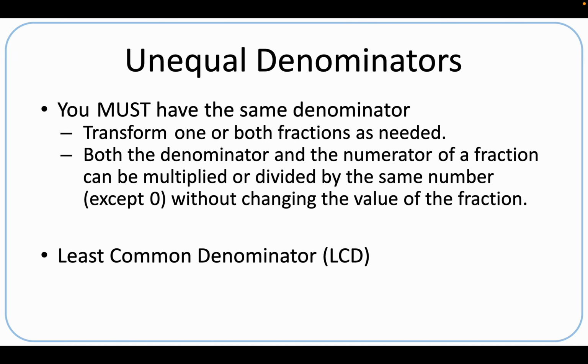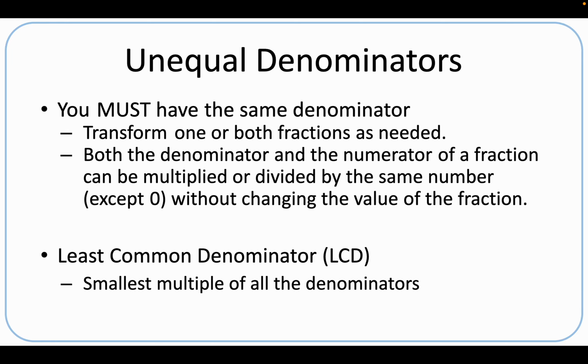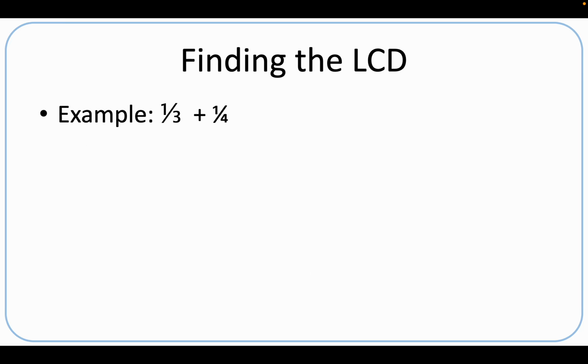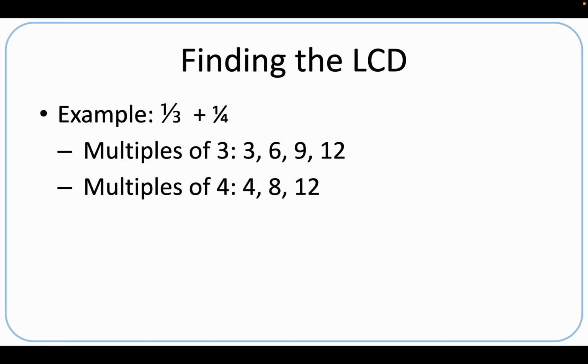What we want to do is find the least common denominator. We want to find the smallest multiple of all the denominators in order to rename your fraction. So here, finding the lowest common denominator, we have 1/3 plus 1/4. You could start listing multiples of 3: 3, 6, 9, 12, and multiples of 4: 4, 8, 12.